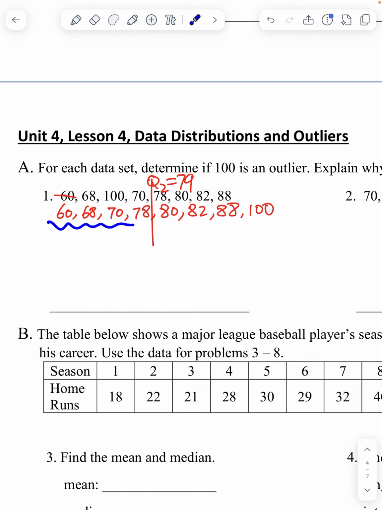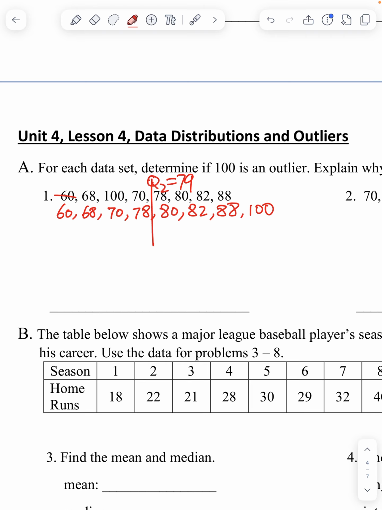Q1 is the median for the lower part. The lower part, these 2 numbers are in the middle. If I cross out the lower ones and upper ones, these 2 in the middle, I have to average them. So between 68 and 70, the median is 69.